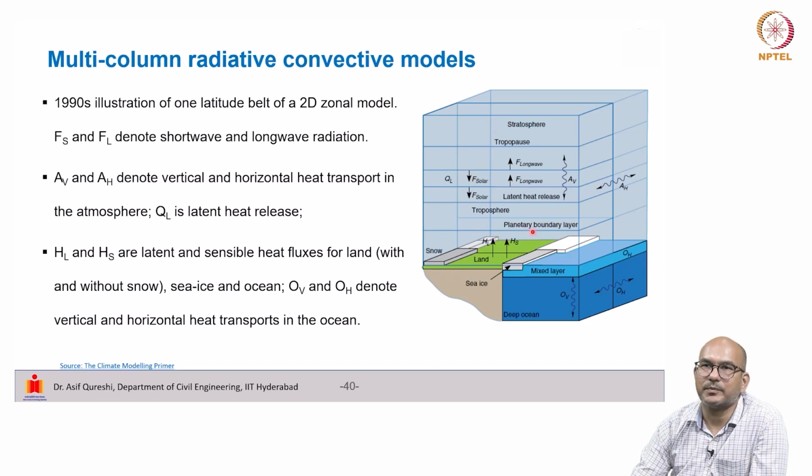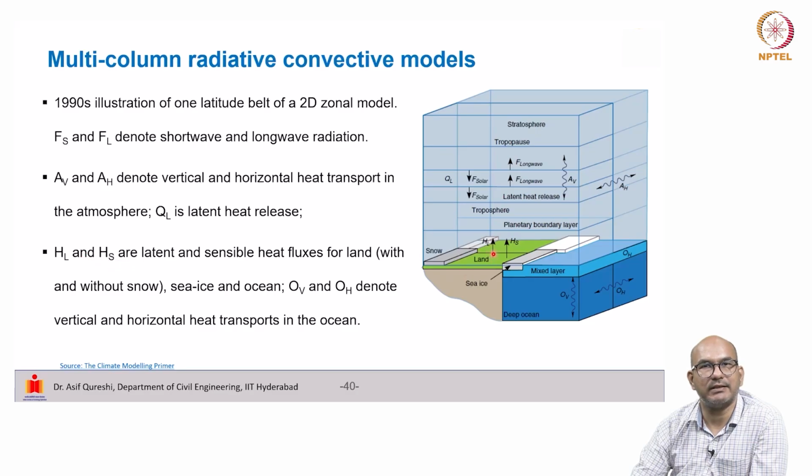Then we have the planetary boundary layer in the atmosphere. We may have latent heat release. We have AV and AH, which are the vertical heat transport and the horizontal heat transport. When we go up and up, we reach the tropopause and stratopause. Then over land, we have the HL and HS.